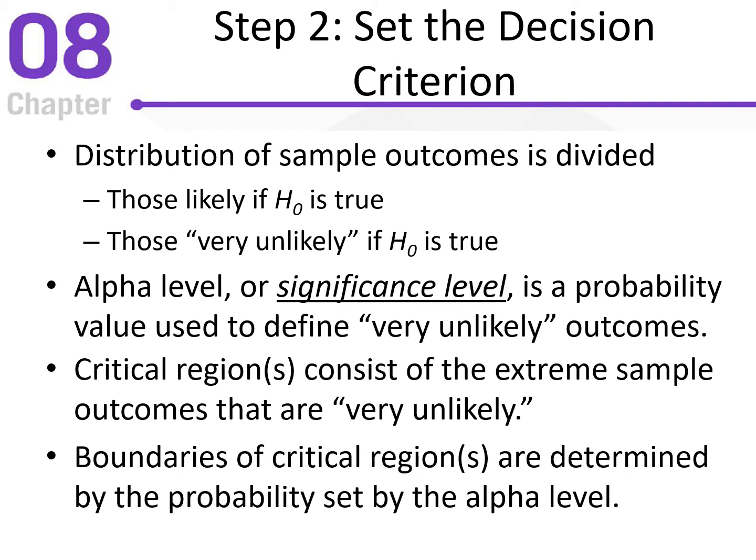If your alpha level is lower, that means you lower the chance of you making an error. It's going to take a bigger difference between the mean that represents the null hypothesis and the sample mean to say that they're different. Right? If that alpha level is higher, it's going to take a smaller difference between the null hypothesis mean and your sample mean to say that they're different.